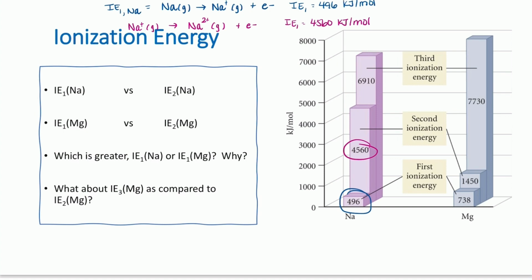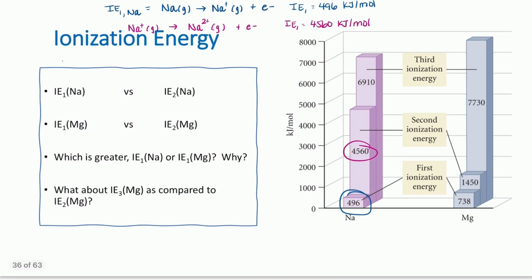So what I want to ask you here is, which of these is larger? Well, we can say by looking at the numbers that our second ionization energy is higher. But what if I didn't give you those numbers? How are you going to determine that without them?